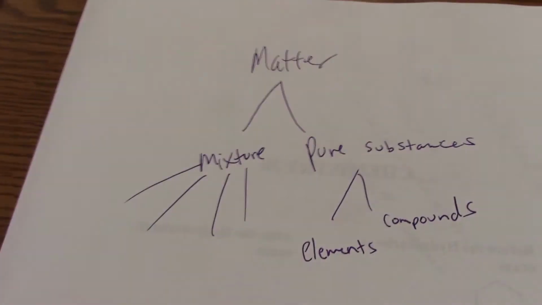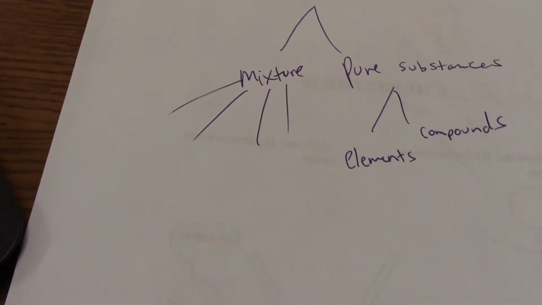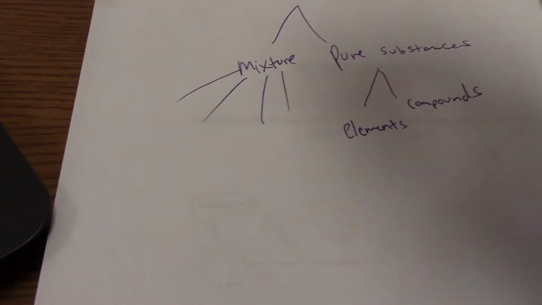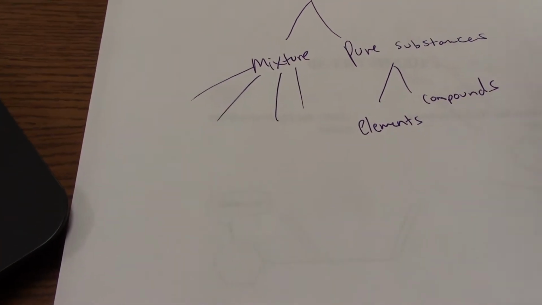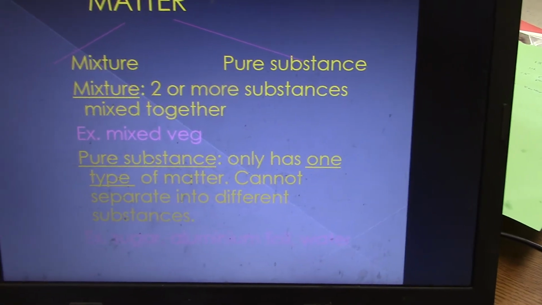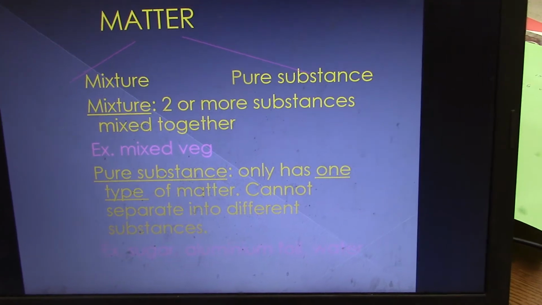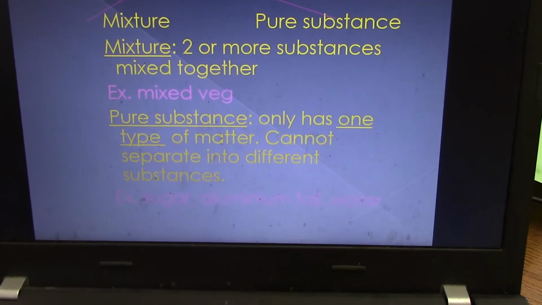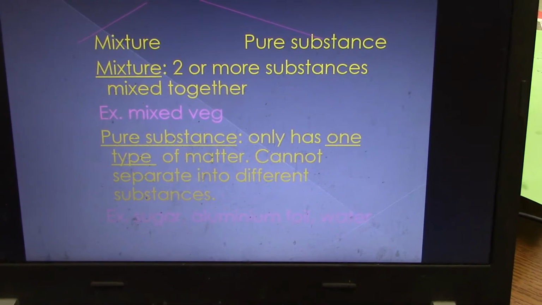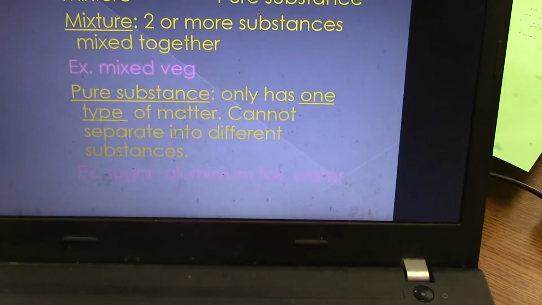There are different types of mixtures. If you look at these examples here, there are two or more substances mixed together in a mixture, and with pure substances, there's only one type of matter, and you can't separate it into smaller component parts.